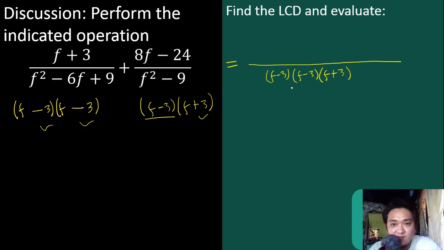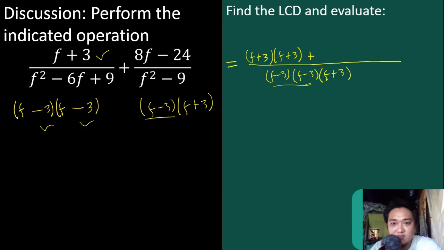So that will be f plus 3, f plus 3 times this, which is f plus 3, plus, okay, so let us try to divide this and this. That is 1.